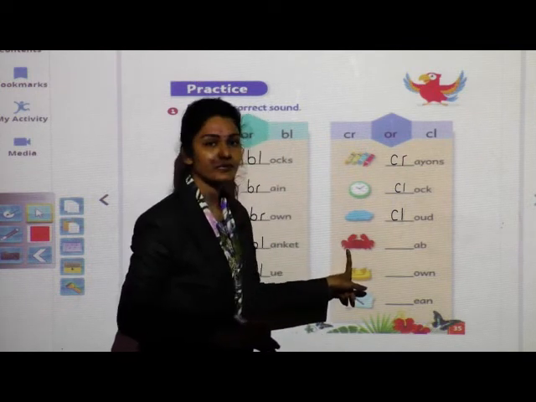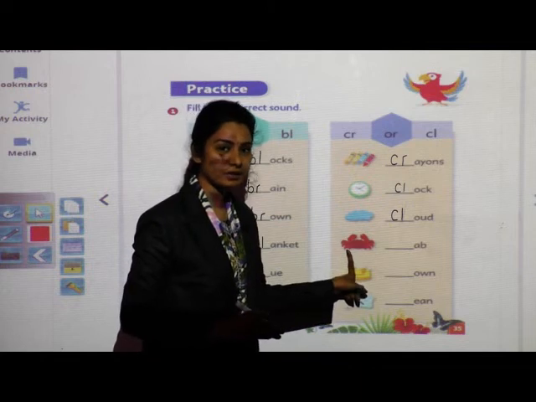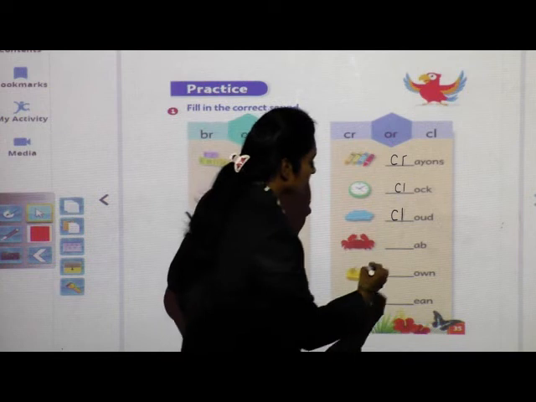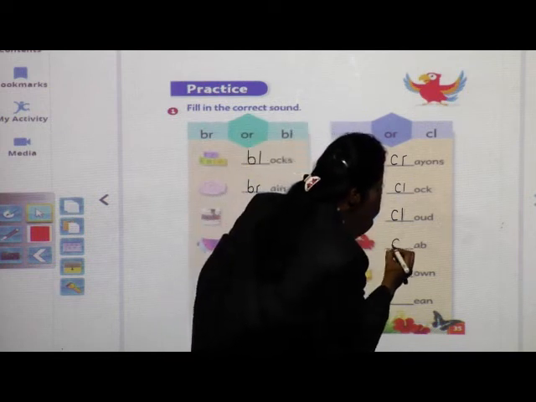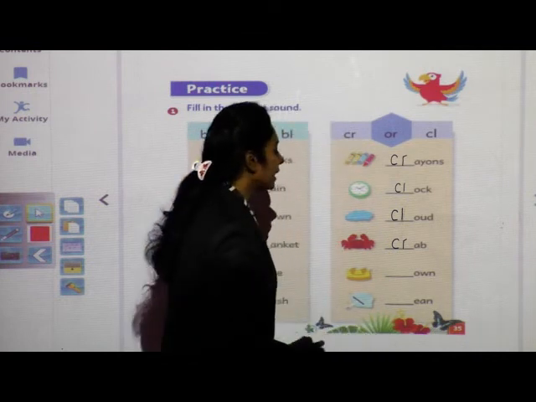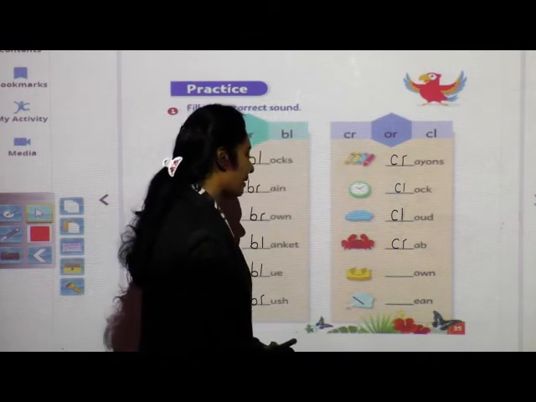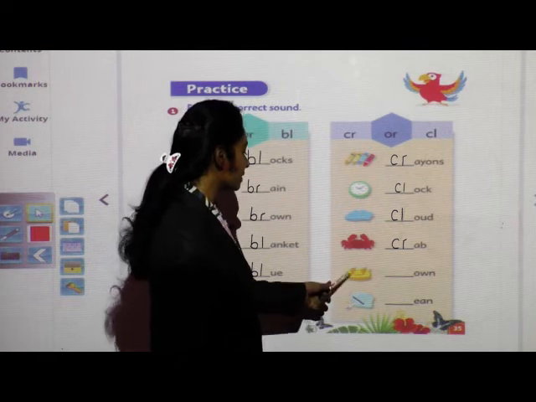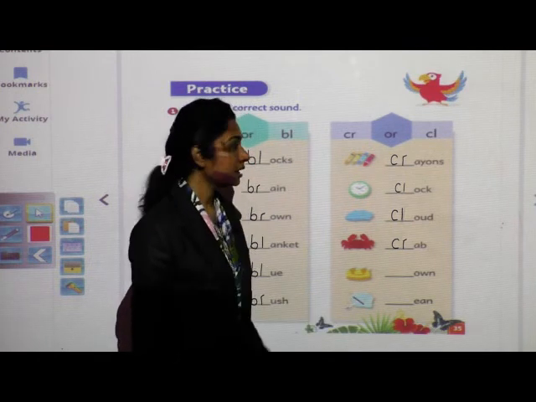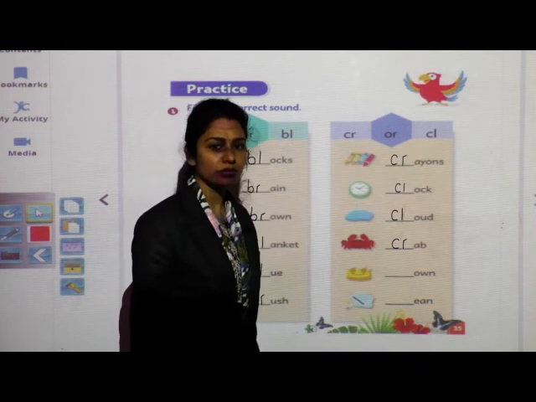Next, what is this? This is a crab or clab? Crab. C-R-A-B, crab. Okay, come to this picture. What is this? This is a crown or clown?